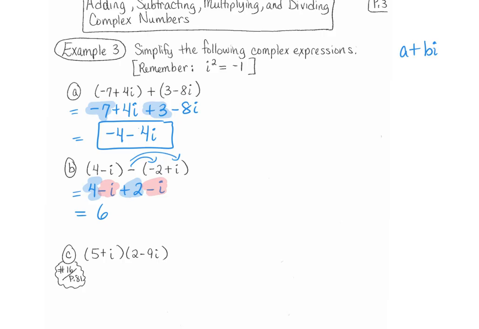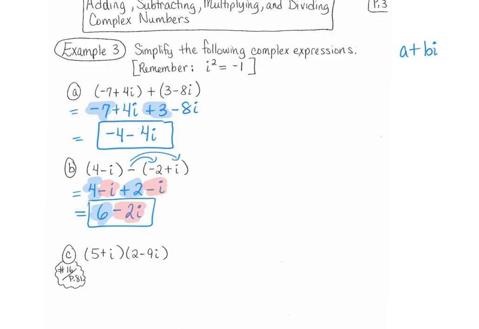Not -i. -2i, because you're saying you have a -1 minus 1, essentially, with i's attached, which gives you a -2i. Very good. And that's your final answer. 6 minus 2i.